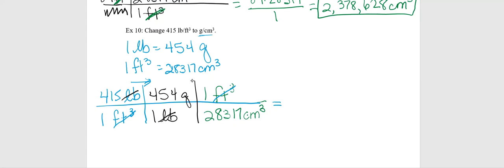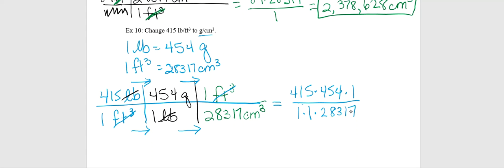All the numbers on the top get multiplied. So it's 415 times 454 times 1. The bottom is 1 times 1 times 28,317.